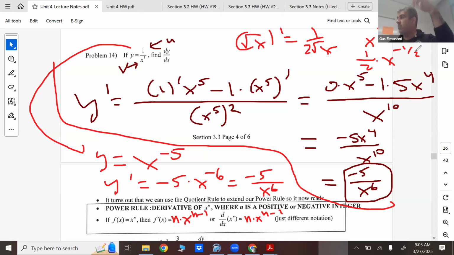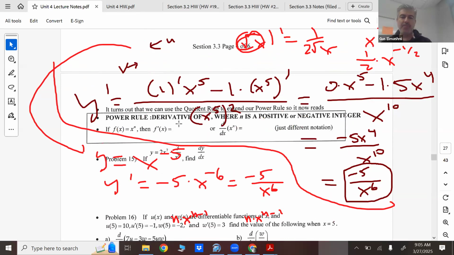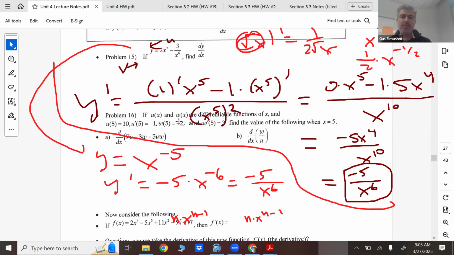Isn't x to the negative 1/2 1 over root x, times 1/2 on the bottom? So we see that this rule just saves us so much time. Do you really want to do the limit definition for this over and over again? No. For any radical? No. Remember we had to do the conjugate, all that work? Why? Switch to rational exponents, do the power rule, done. Much easier. So let's look at these here.